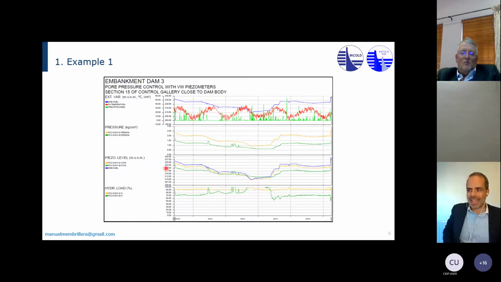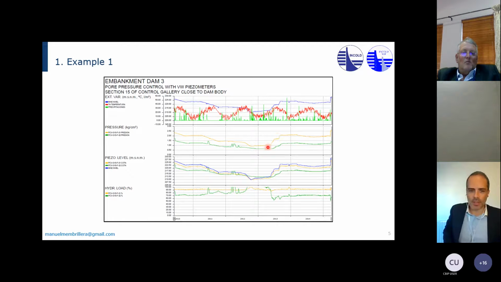In 2010, you can see this is the pool level, this is the temperature, the green is the rainfall, this is 2010, 2011, 2012, 13, 14, and just look at these piezometers in the foundation and how they start going up.